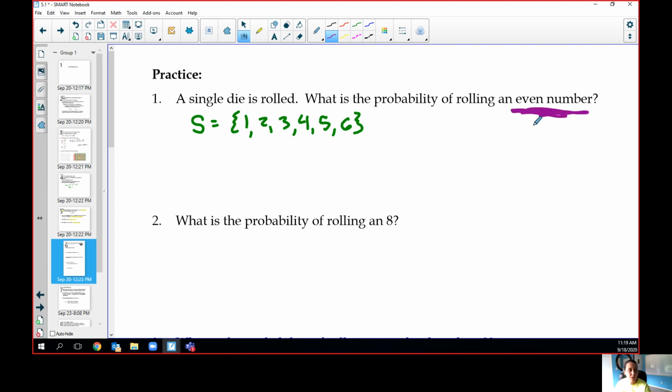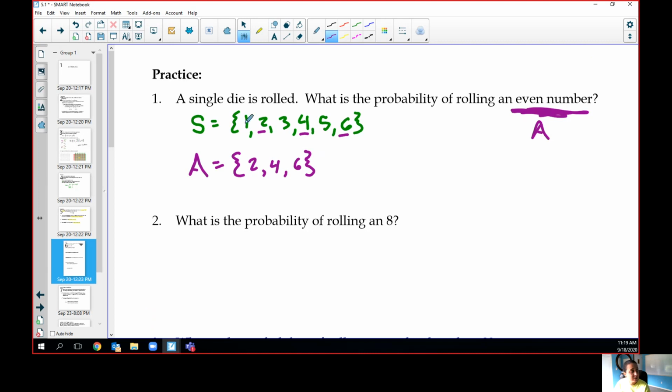I'm going to name this outcome of an even number A. So the event A are all my possible even numbers out of my sample space. That would be 2, 4, and 6.